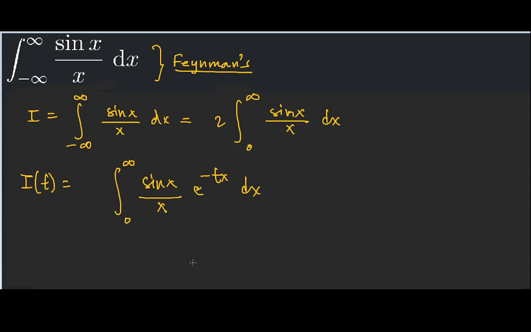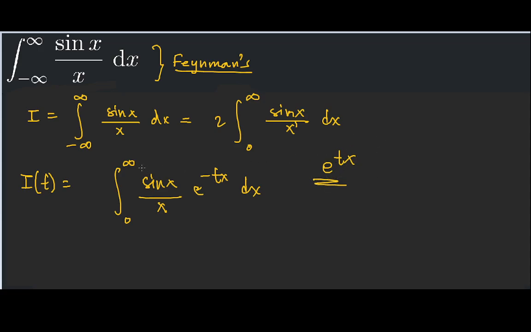Now the reason we did this was that this x is kind of problematic, right? We want to somehow eliminate it, otherwise it's going to be problematic, and no u-sub is going to be combining them. And you might be saying, why not use e to the power tx? Well, if you did this, then this is not a damping function.